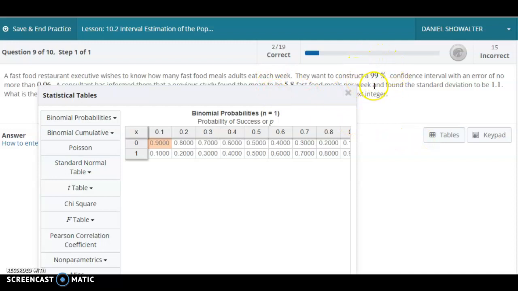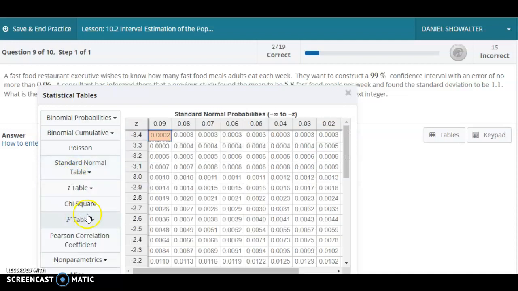So again, it's that confidence interval percent subtracted from 100%, or the decimal version subtracted from 1, and then divided by 2 to account for the two tails. Here we would then go negative infinity, negative z. We need to get 0.005, which is about right there, negative 2.57.